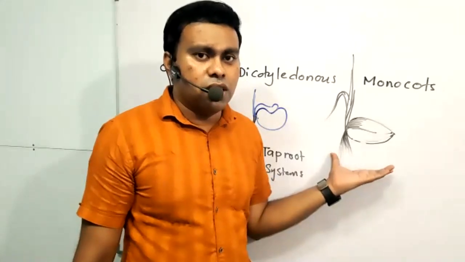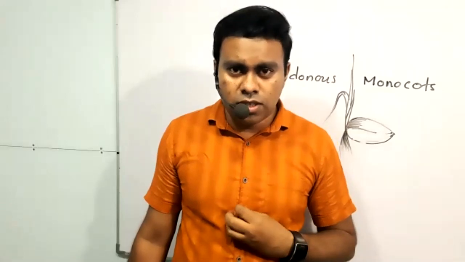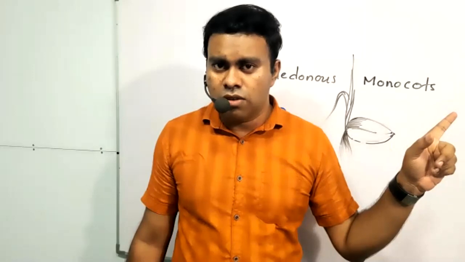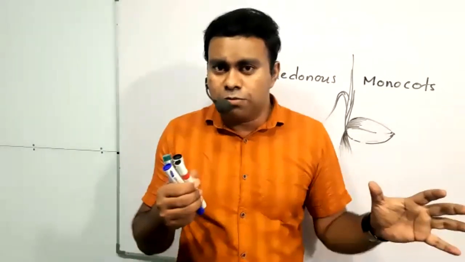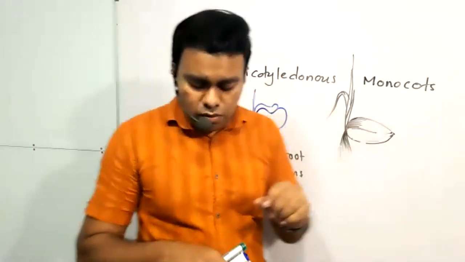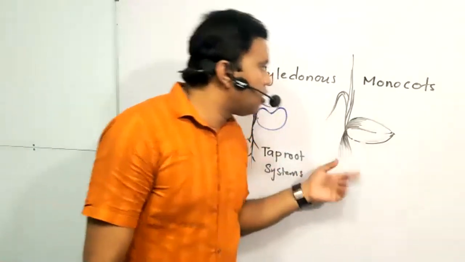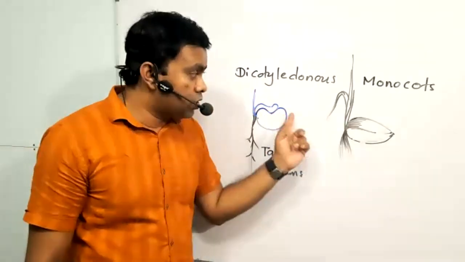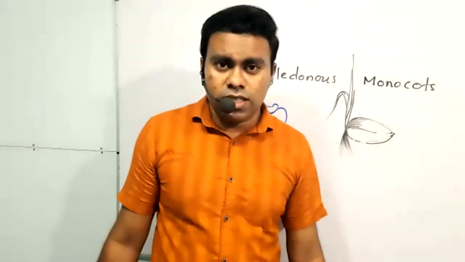The first morphological feature we learned is the diversity of roots. So what is the morphological feature we considered so far? Only one, that's the root. There are two types of root system, taproot system and fibrous root system.